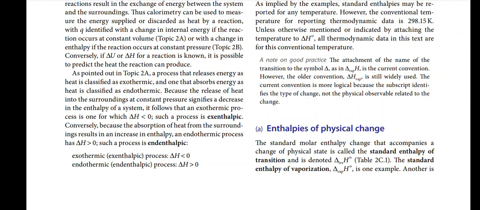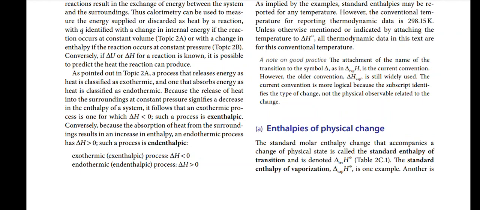As implied by the examples, standard enthalpies may be reported for any temperature. However, the conventional temperature for reporting thermodynamic data is 298.15 Kelvin, unless otherwise mentioned or indicated by attaching the temperature to delta H naught. All thermodynamic data in this text are for this conventional temperature.